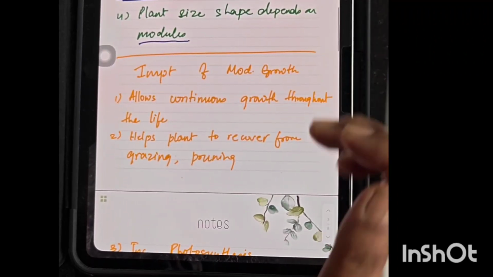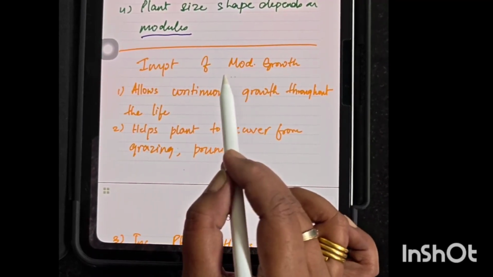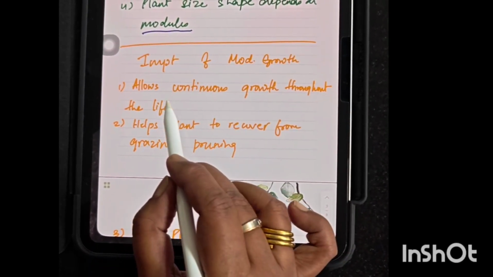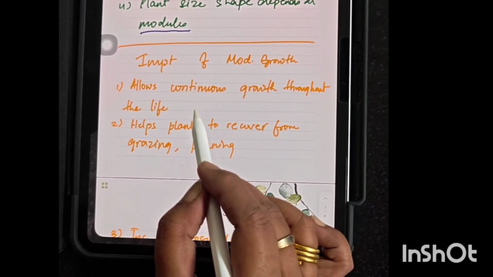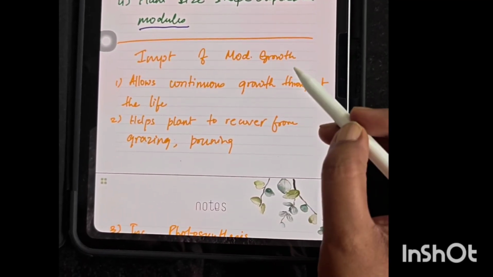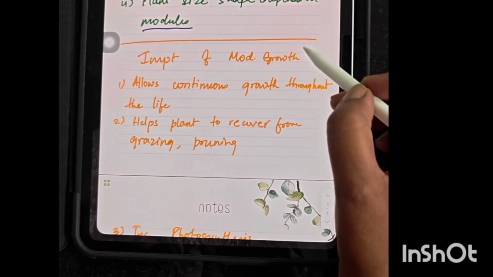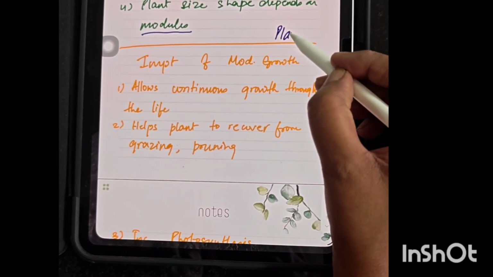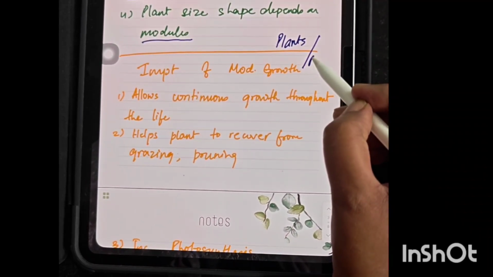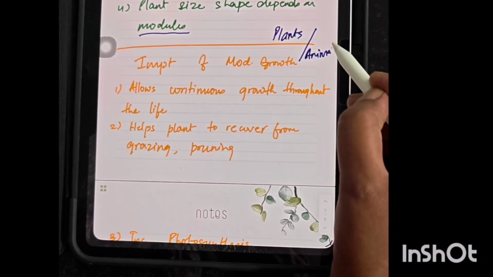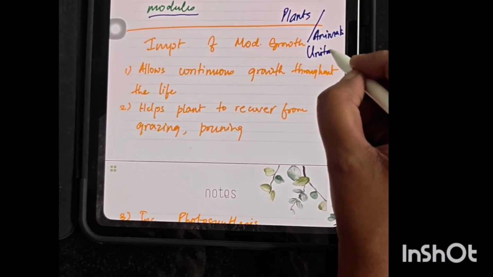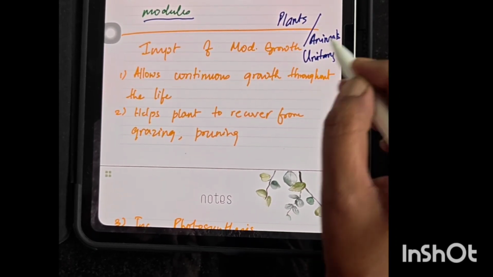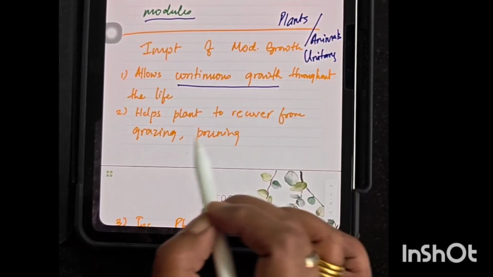Now, what is the importance of modular growth? It allows continuous growth throughout life. That's why you will feel the difference between the growth pattern of plants and animals. Animals have a different growth pattern, which is more controlled; in animals it is called unitary growth, whereas here it is continuous growth.